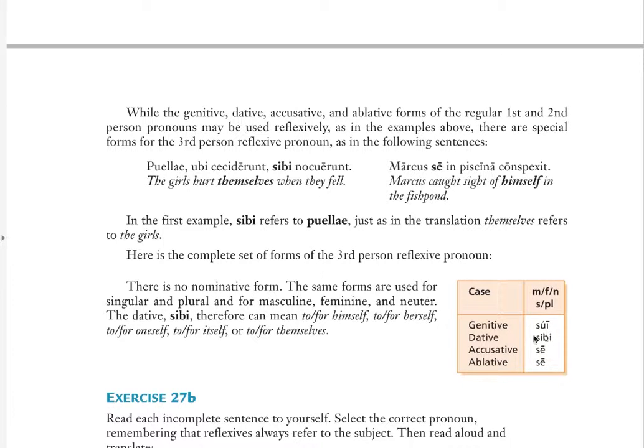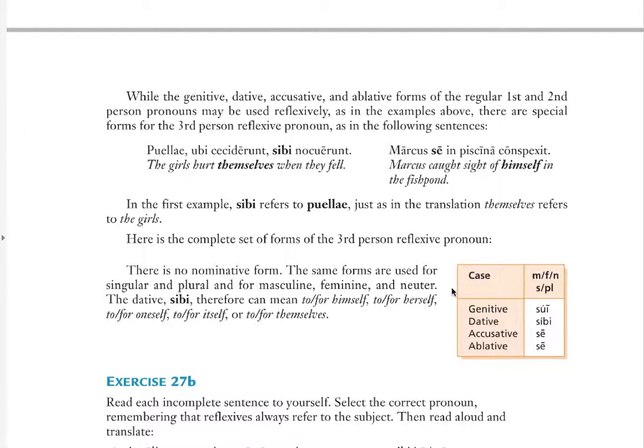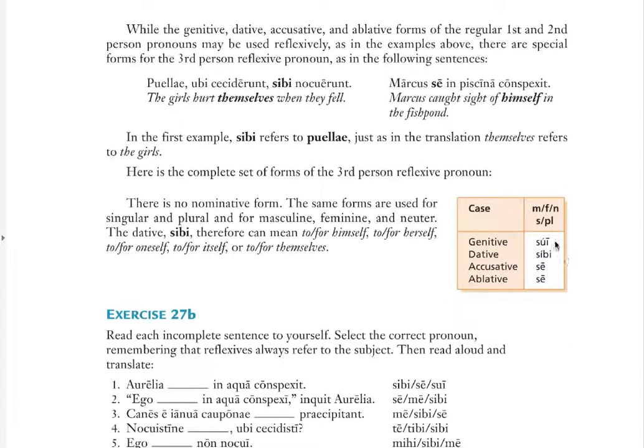So this is when a he, a she, an it, or a they do something to themselves, or see themselves, or find themselves maybe in some situation. So always a self referring back to, whether it's I or you or he or they. So these are third persons.